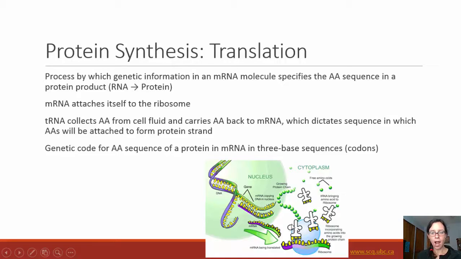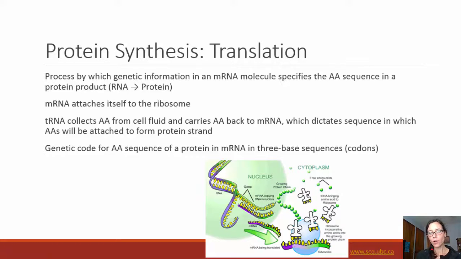Then a tRNA collects amino acids from the cellular fluid. Here are free amino acids, and here's our tRNA. The tRNA collects these free amino acids and brings them back to the ribosome, where they attach in the sequence indicated on the mRNA.